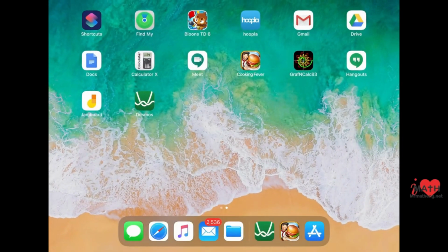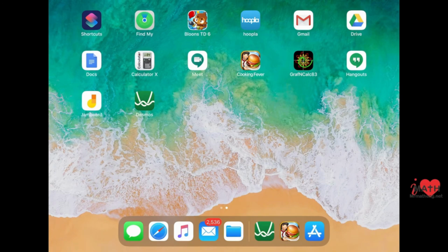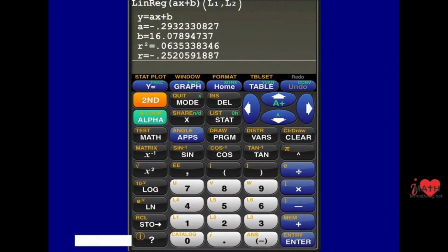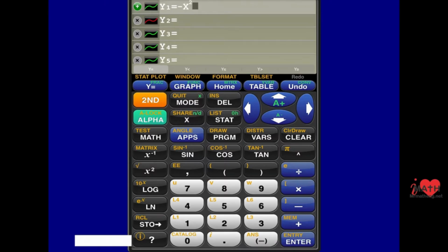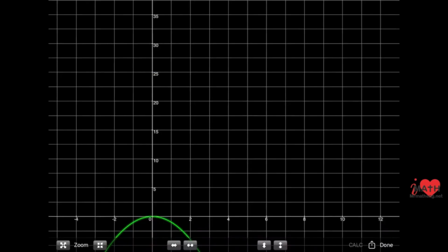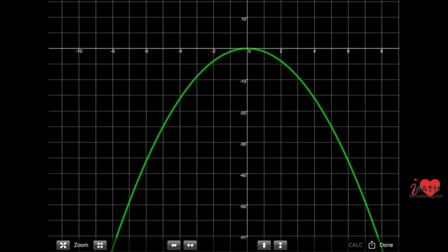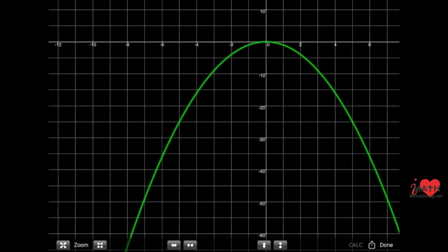If you go to a graphing calculator, I use this one, the TI-83. Y equals, press clear, clear. Then you're going to type in negative x squared. Press graph, and there is my graph. Okay?